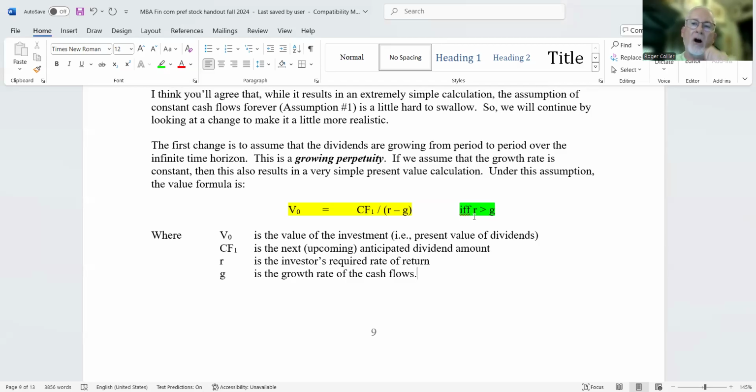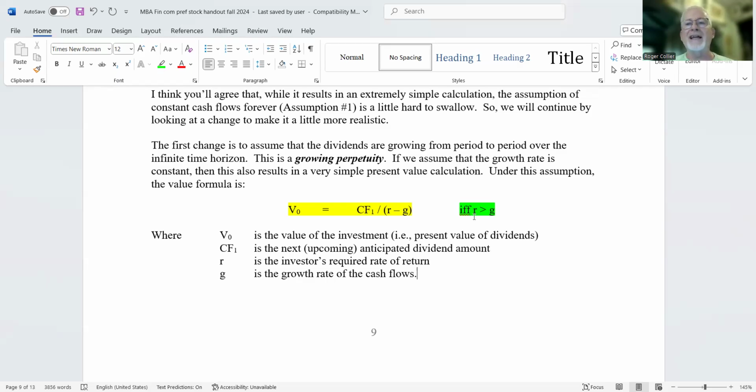As long as R is greater than G, we are taking away more than they're growing. And as a result, the present values get smaller and smaller until they approach 0, and we can use the calculus. Another way to think about it, as long as R is greater than G, my sisters and I make it to the bottom of the escalator because we're going down the steps faster than they're going up.